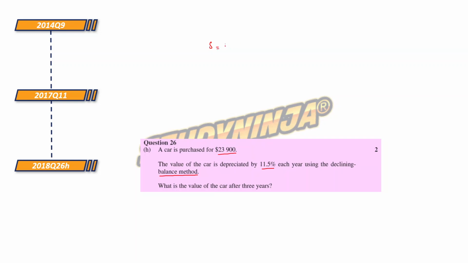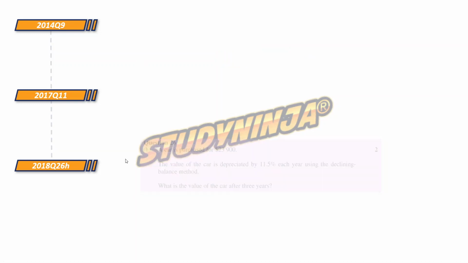Again, the formula is this: 1 minus r to the power of t. Purchase price is 23,900 times 1 minus the depreciation, which is 11.5%. Time is 3 years in this case. So solving this will give you the answer.